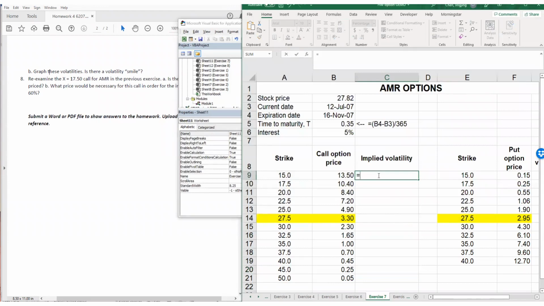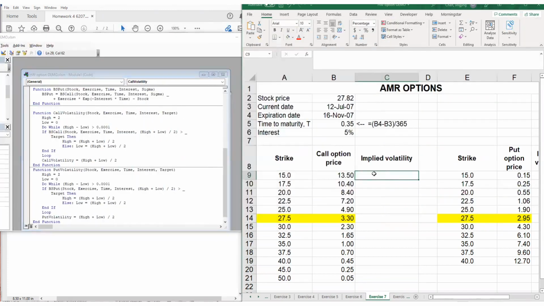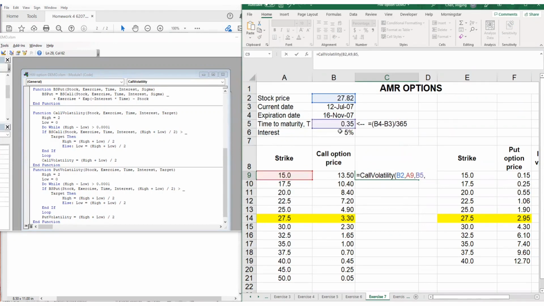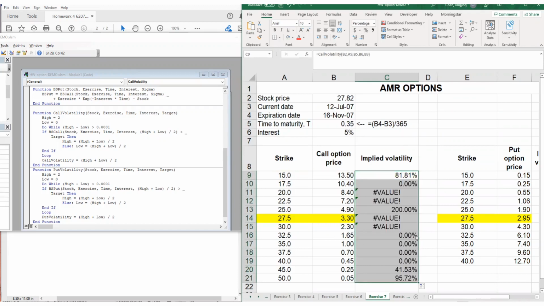Equals call volatility, stock price, exercise price, time to maturity, interest rate, and the market price of the call. Enter, drag it.